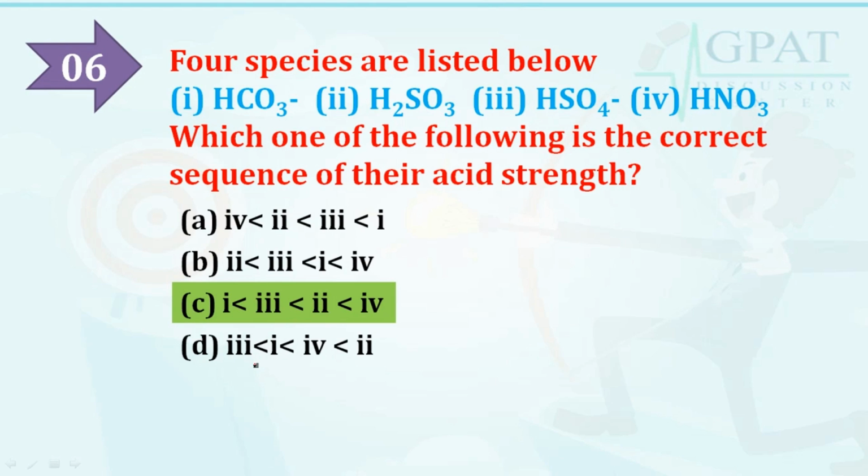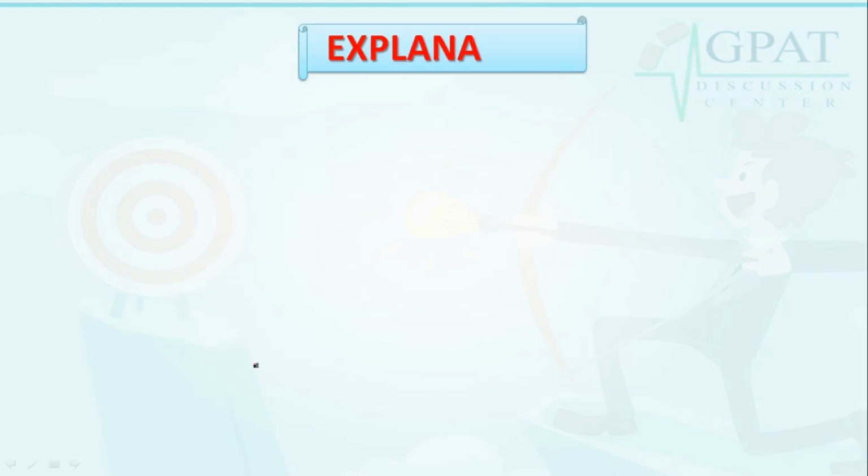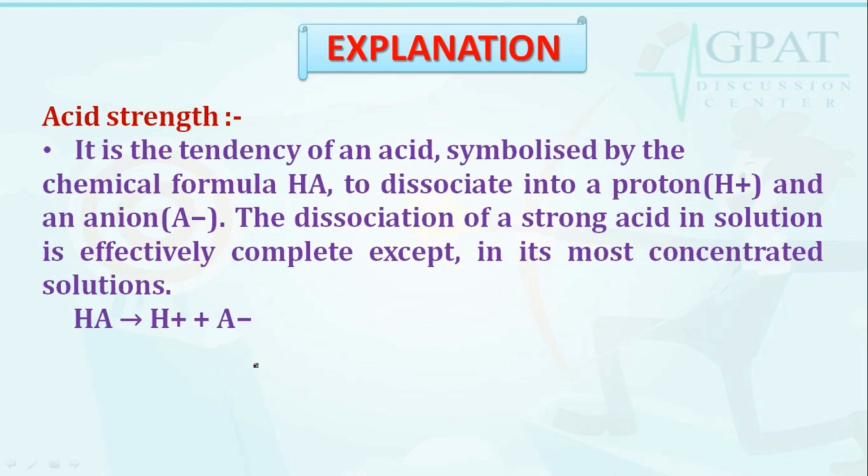Why, and what are the different ranges of the acid strength? Let's see the explanation. Acid strength. What is the acid strength? Acid strength is the tendency of an acid, symbolized by the chemical formula HA, to dissociate into a proton and an anion.